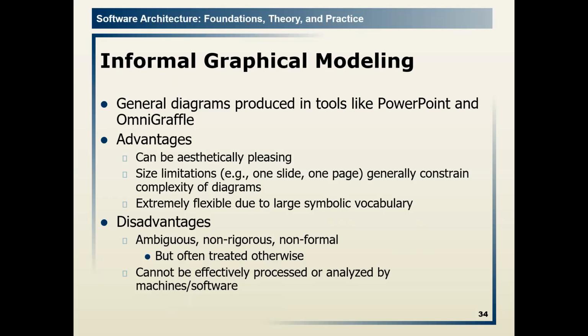Sometimes in companies also, you just jot down your ideas and share them around using various graphical models. So these are general diagrams produced in tools like PowerPoint and OmniGraffle. There is general software that is able to draw diagrams quickly with no strict rules.